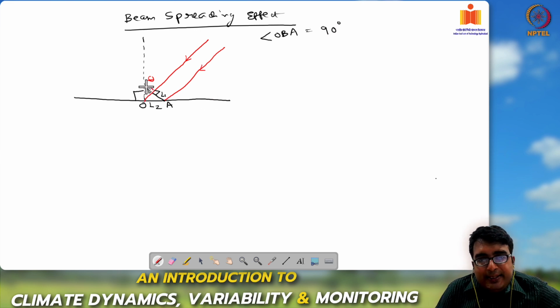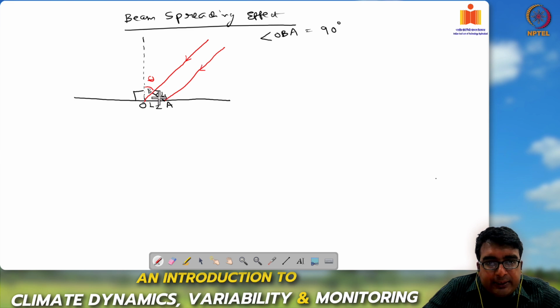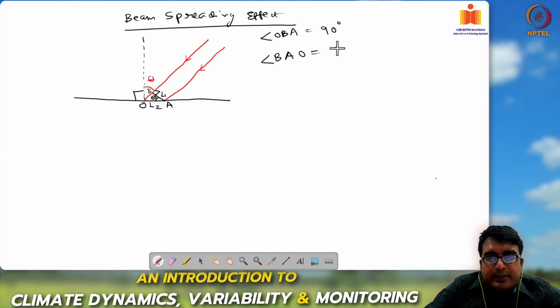Notice this angle is theta, so this angle is 90 minus theta, correct? So this angle must be theta as well. Angle BAO is theta, where theta is the angle of incidence.